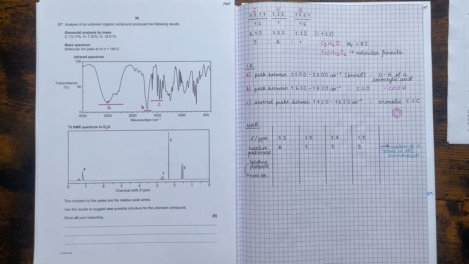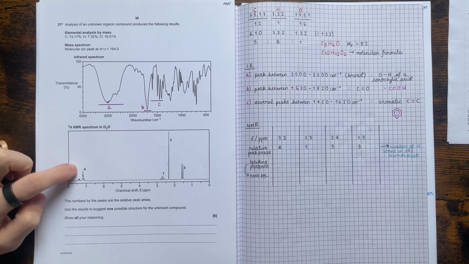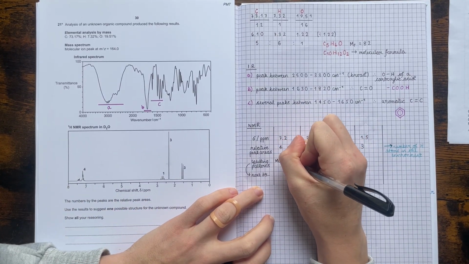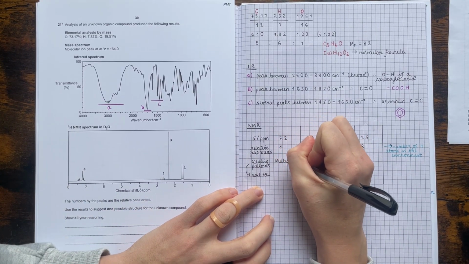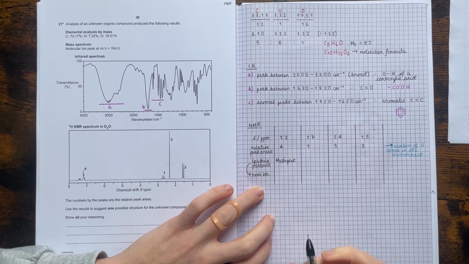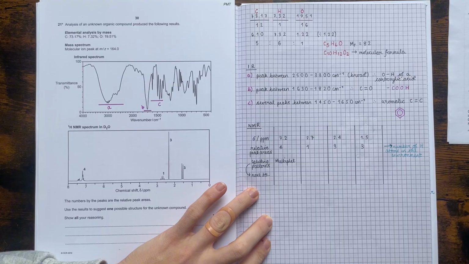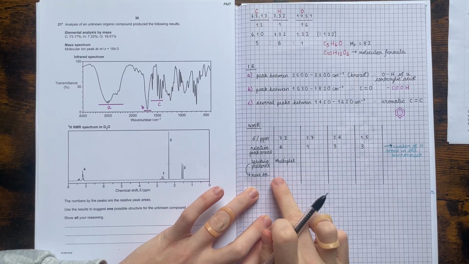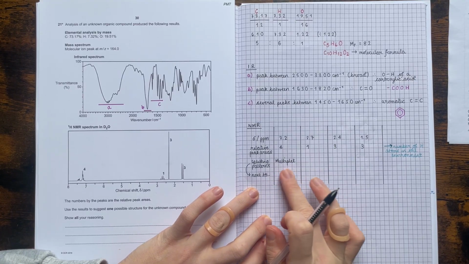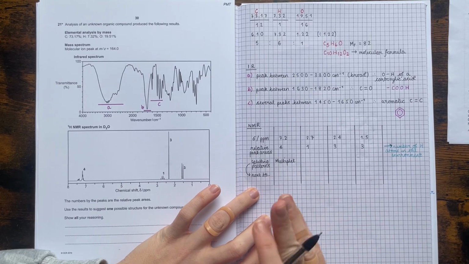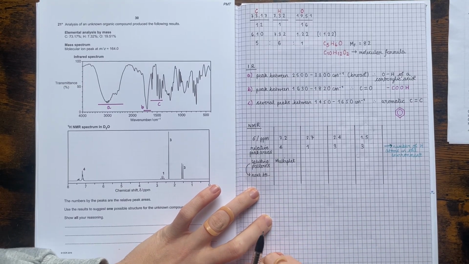Now, splitting pattern wise, this mess over here, that is definitely a multiplet. And if you're an AQA student watching this, you would never need to call a peak a multiplet. That is not in your specification. So I'm not going to be able to write anything in here, because multiplet is a very general term for anything above a quartet. So that's where that kind of falls down a little bit.